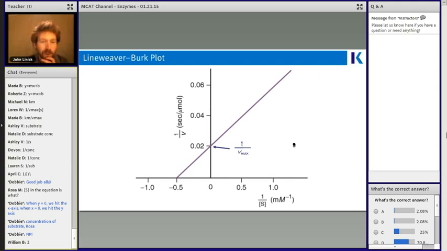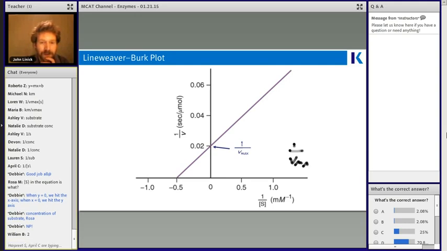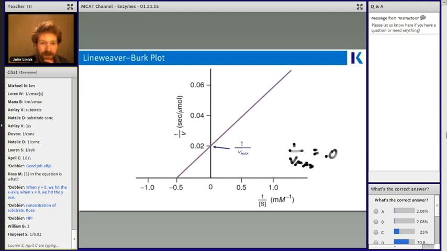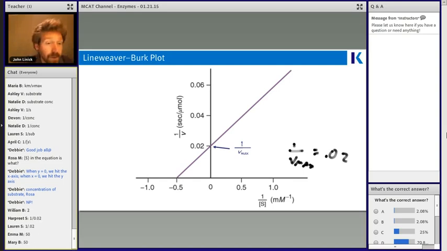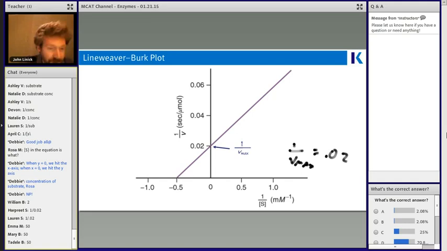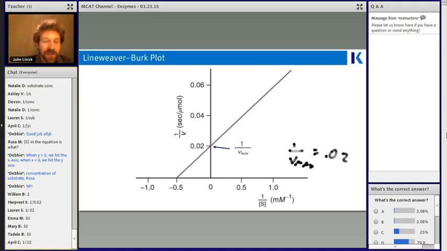So if 1 over Vmax is equal to 0.002, that means Vmax equals 1 divided by 0.002, and 1 divided by 0.002 exactly is equal to 50. Nice work.